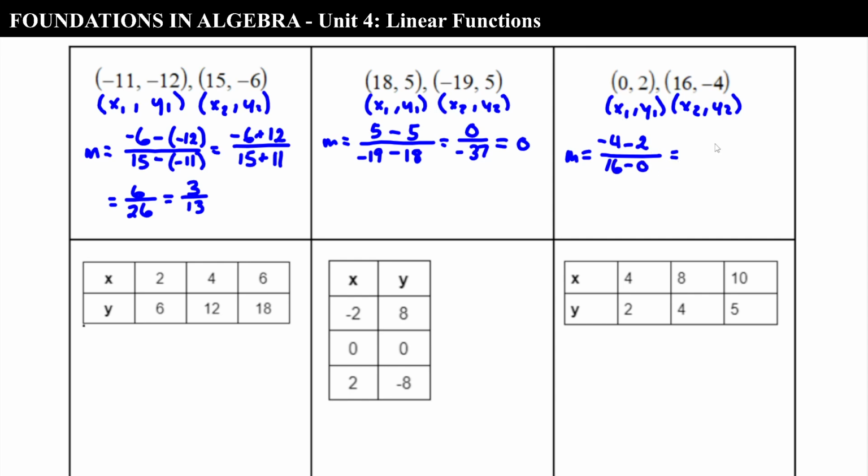So we've got negative 4 minus 2, that's negative 6. 16 minus 0 is 16. And we can reduce that. We know 2 goes into both of them, so we're going to have negative 3 over 8. 6 divided by 2 is 3. 16 divided by 2 is 8.